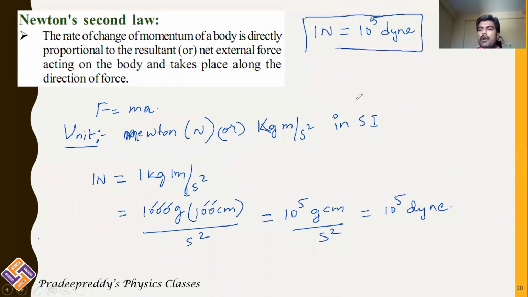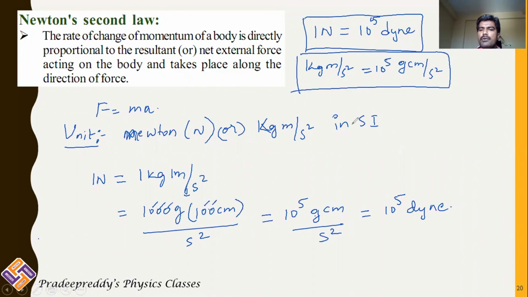So whenever you have a relation between the CGS and MKS systems of the unit of force, you can use this. 1 Newton is 10 power 5 dyne. Newton is kg meter per second square, and dyne is gram centimeter per second square. That is the relation between the MKS unit and CGS unit of force. Newton is the unit in the SI system or MKS, dyne is the unit in the CGS system. So the relation is 1 Newton is equal to 10 power 5 dyne.